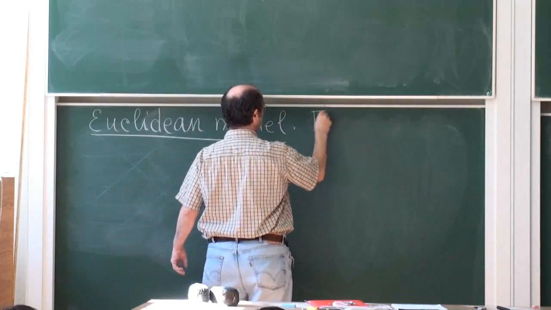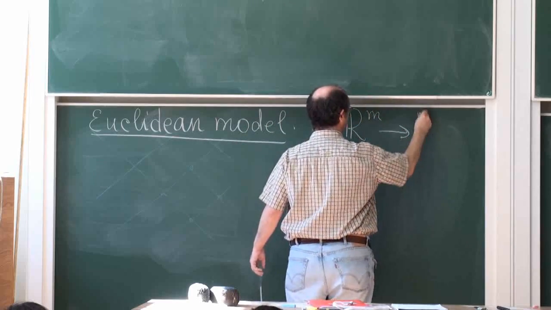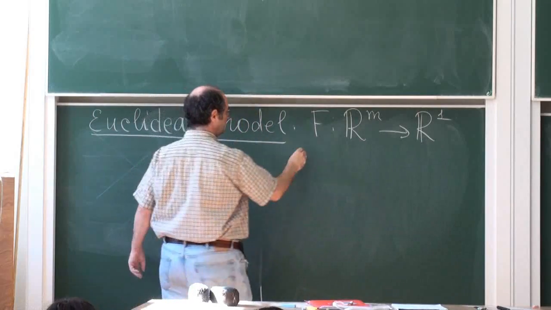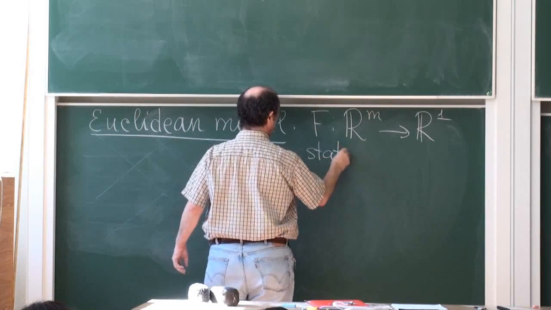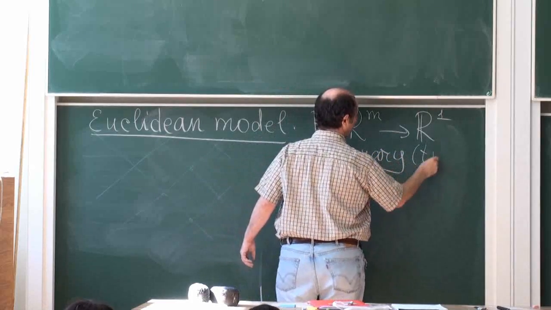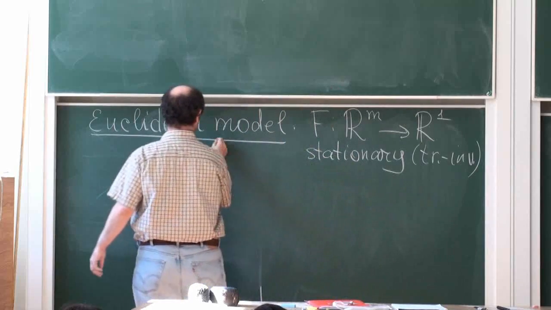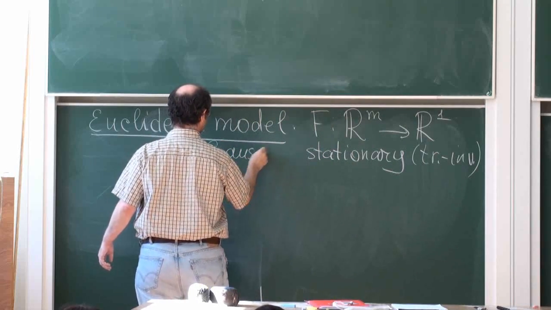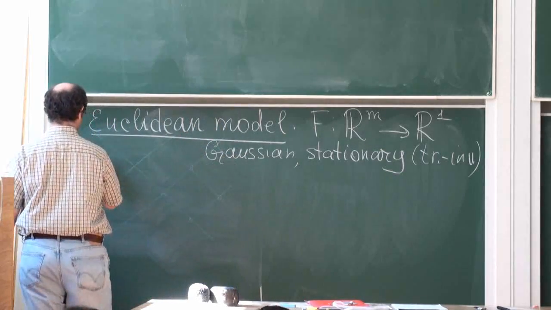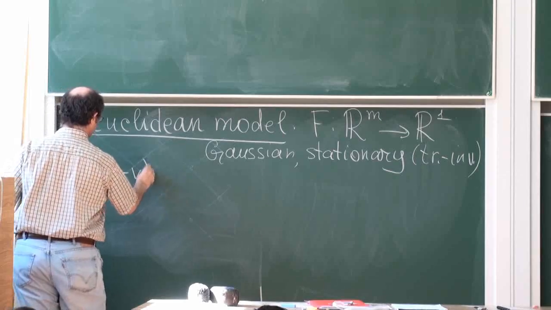We have a stationary, or sometimes I will say translation invariant, Gaussian function. We have its covariance kernel.